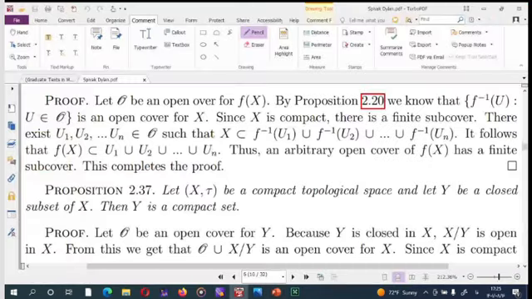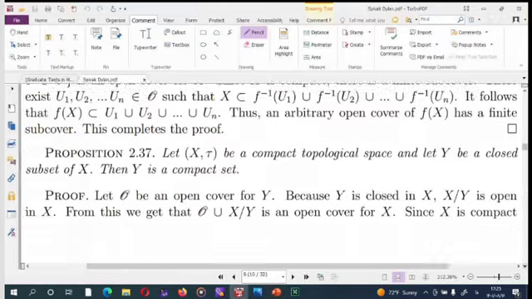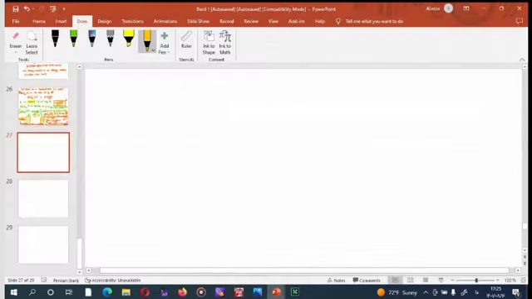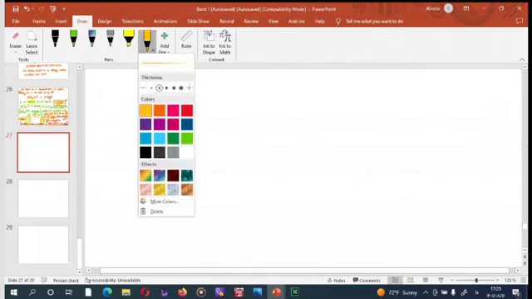and we have this easy proposition 2. Let X be a compact topological space and Y be a closed subset. Then Y is compact too. Okay? If X is compact, any closed subset of X is compact too. Proposition.